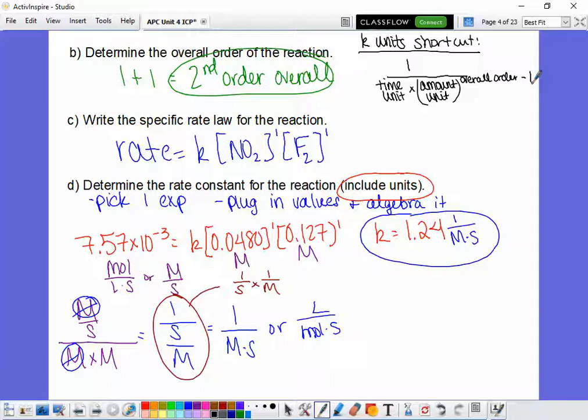So amount is going to be concentration or pressure. And I think there might be a homework problem at some point where it's density or something like that. But it's whatever we're using to describe the amount of the substance.